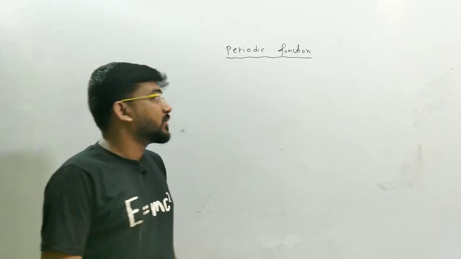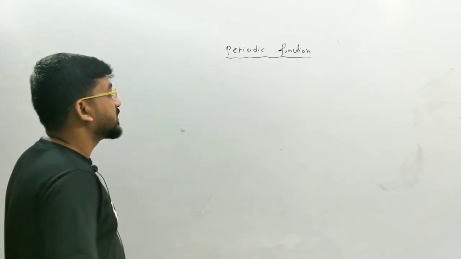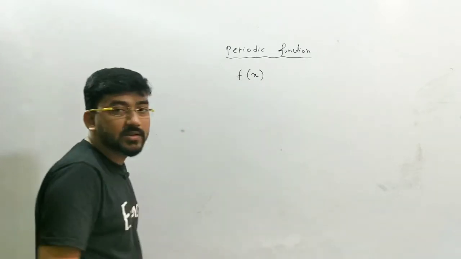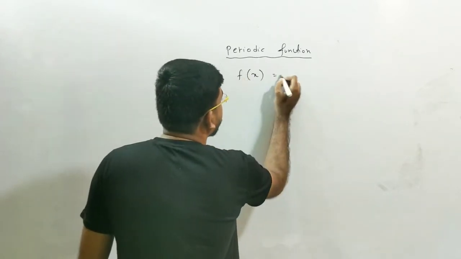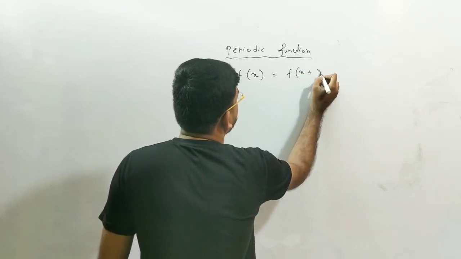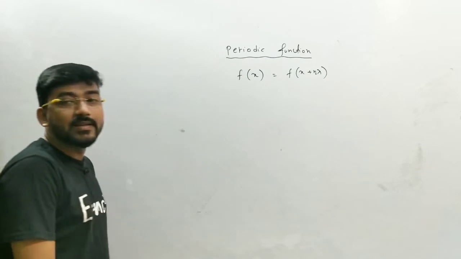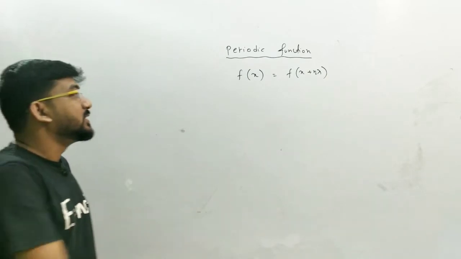And what is the property of a periodic function? Any function f of x is said to be periodic if we add some constant to x, like f of x plus lambda, or in general n lambda, where n is any integer.